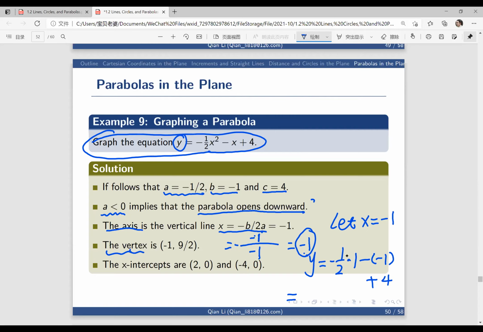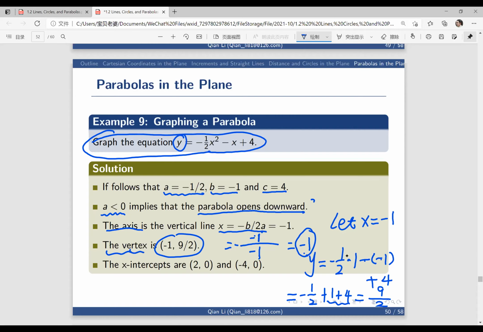We can get -1/2 plus 1 plus 4, and we can get 5 minus 1/2 will be equal to 9/2, right? So we can get the vertex for this parabola is -1 and 9/2, right? So this is the vertex for this parabola.